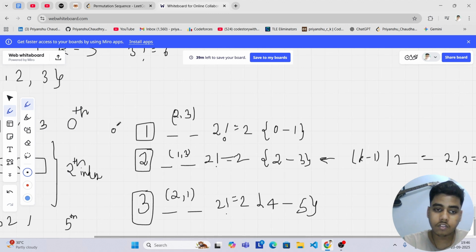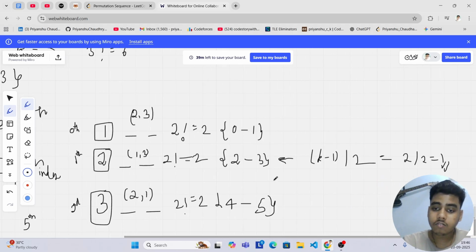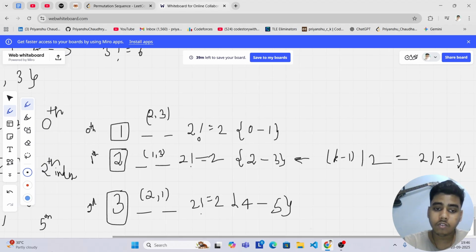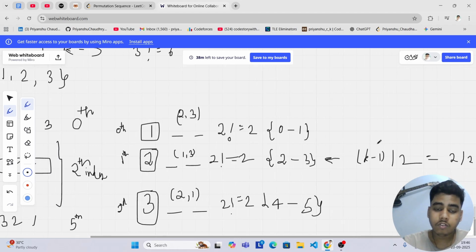If these are arranged in 0-based indexing, I will see after dividing k minus 1 by 2. Why k minus 1 by 2?